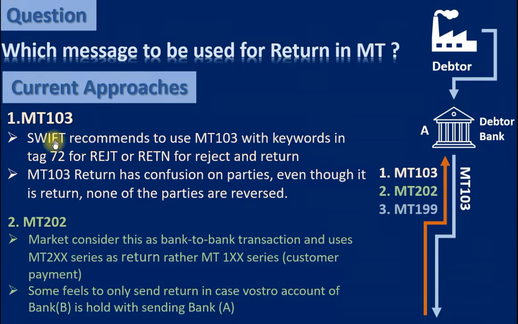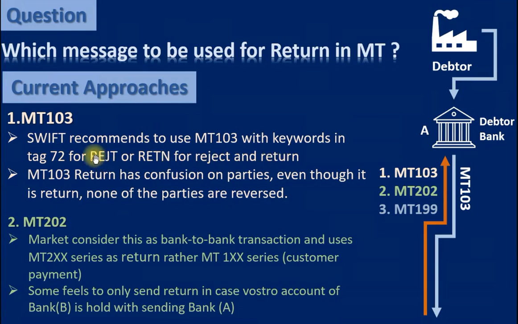We will start with the very first flow, that is MT103. This is one of the most recommended flows as part of the Swift rulebooks and the various documents available. What Swift says is that based upon the keyword in MT103 tag 72 as REJT or RETN, it will be considered as reject or return.